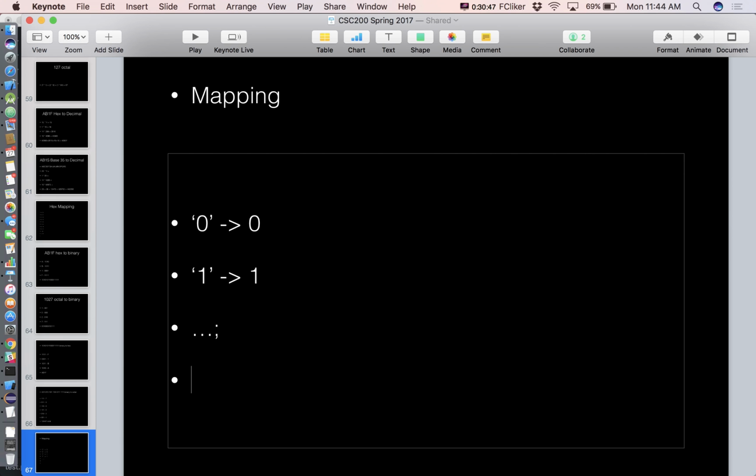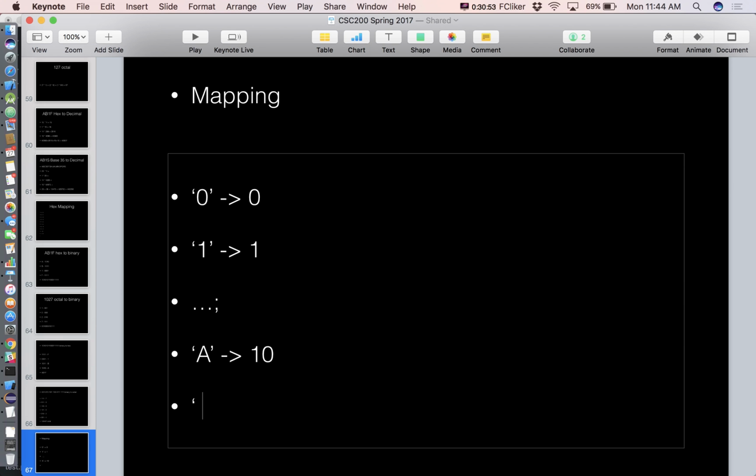When I have the character A, I should get the number 10. The character F should give me the number 15. That make sense? All right, so we need a trick. We need to find a tool in our toolbox that gives me something like that. Okay, anybody figure out a fun way of doing that based on something we've already learned in class?